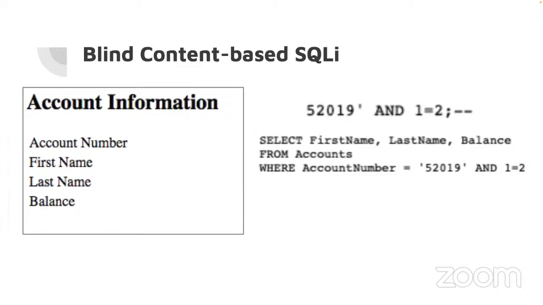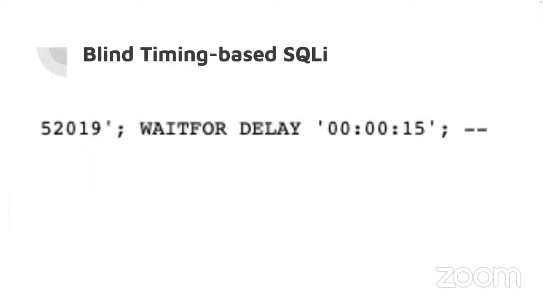There's also the blind timing-based SQLI. These attacks depend on delay mechanisms provided by different database platforms. For example, Microsoft has a function that waits 15 seconds before performing the next. An attacker seeking to verify whether an app is vulnerable to a time-based attack might provide something like this.